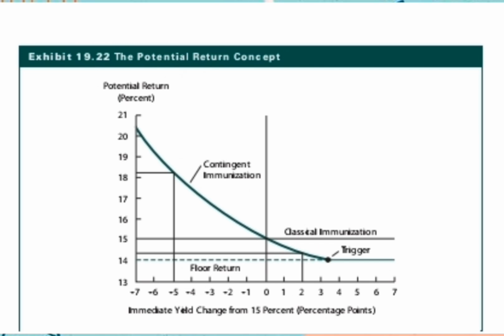However, if yields rise, the potential return approaches the floor return, triggering a shift to classical immunization to guarantee at least the minimum return. This demonstrates the risk-reward balance and the protective nature of contingent immunization.